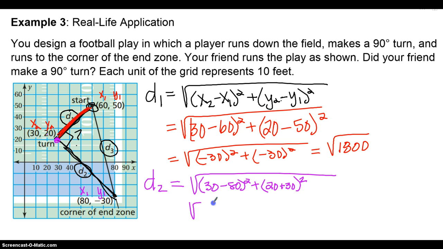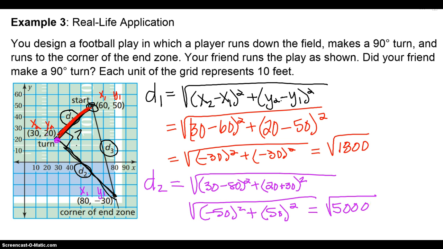So 30 minus 80 is negative 50 squared, plus 20 plus 30 is 50 squared. So this is going to be 50 squared plus 50 squared, which is the square root of 5,000.